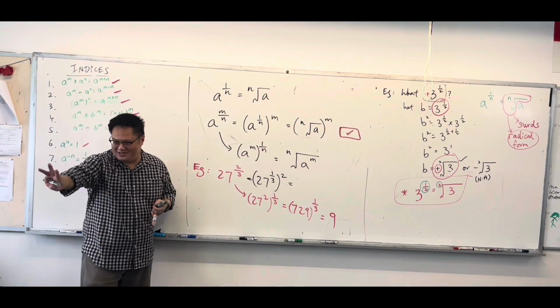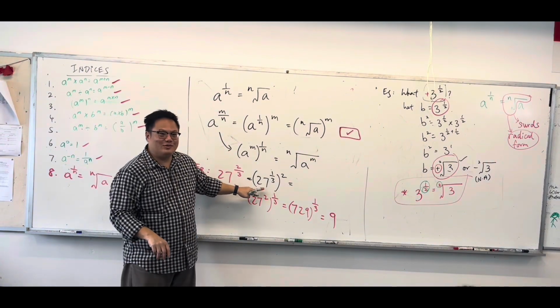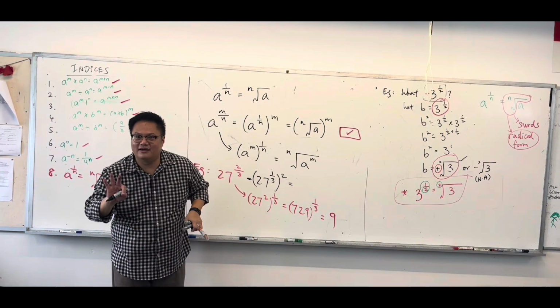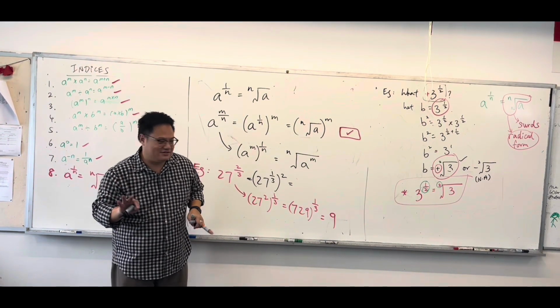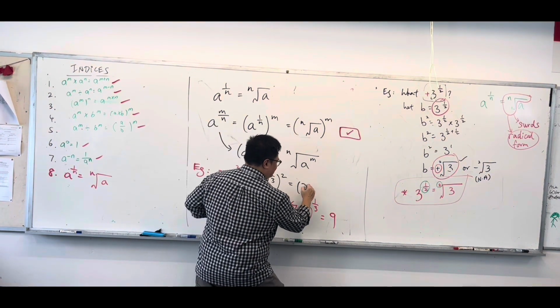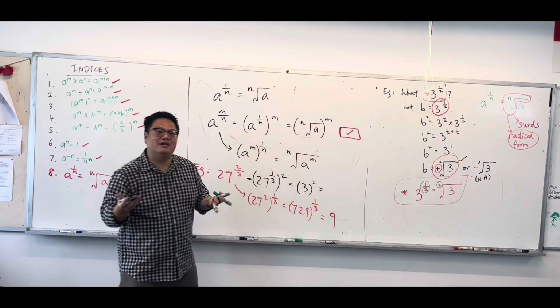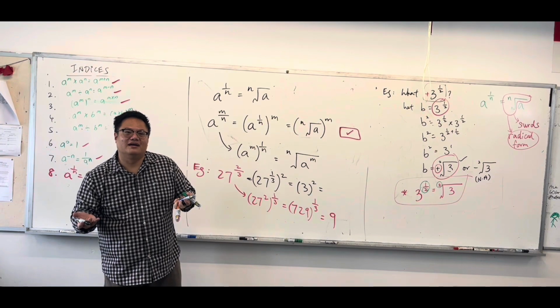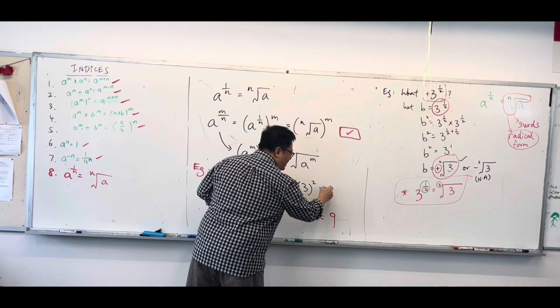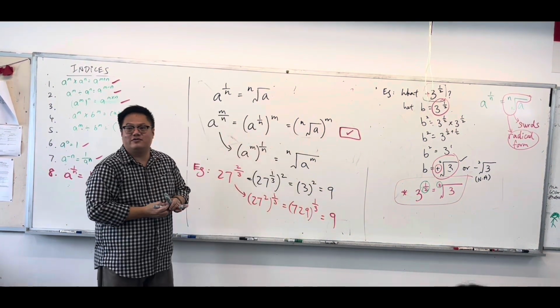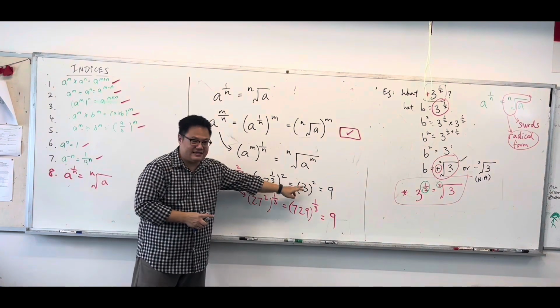Three. The cube root of 27, you all know is 3, right? Charlotte, don't scare me. 3 squared is what, everybody? 9. 3 squared is 9, not 6. Can you see the answer is the same?